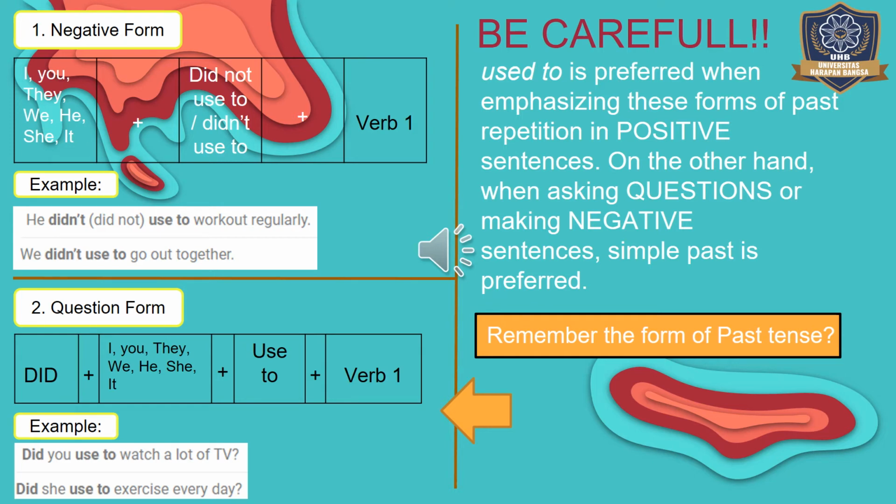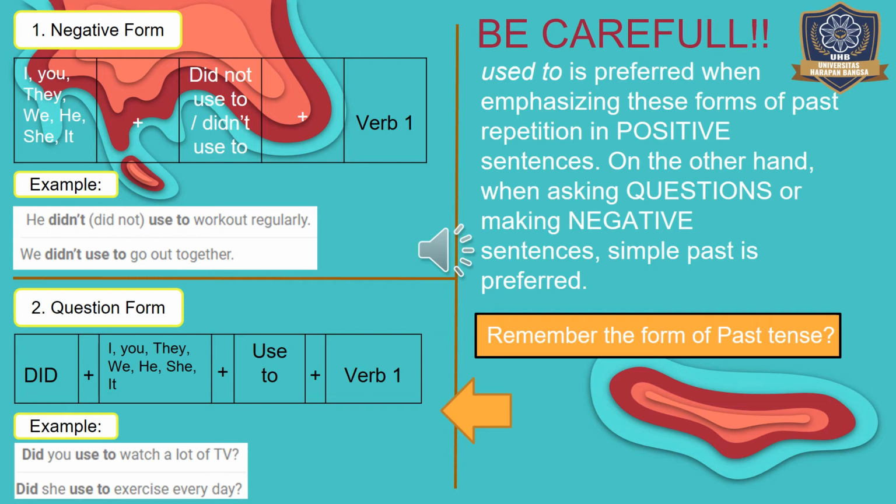The question form is different from the negative form. It starts with did, followed by the subject I, you, they, we, he, she, it, and then followed by use to and verb 1.